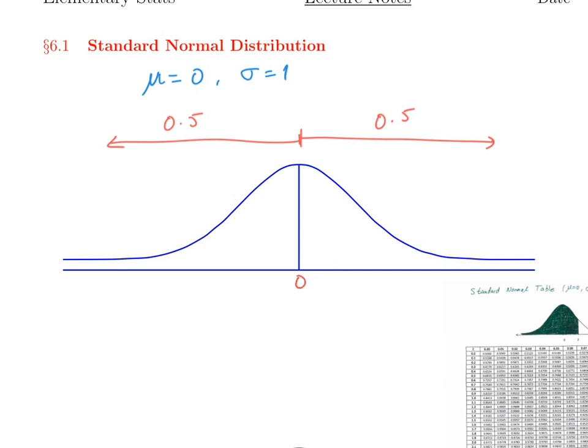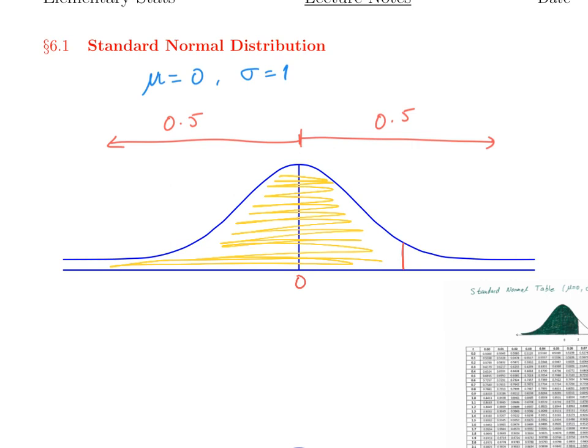Okay, so first you need to learn how to read the table, so let me tell you what I mean. Let's say I tell you the area in yellow, which is this. Where is the color yellow there?